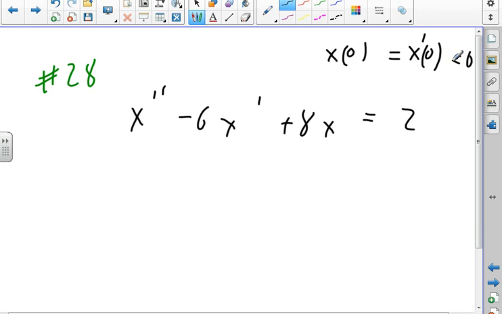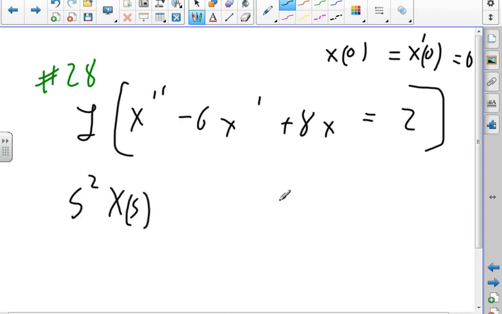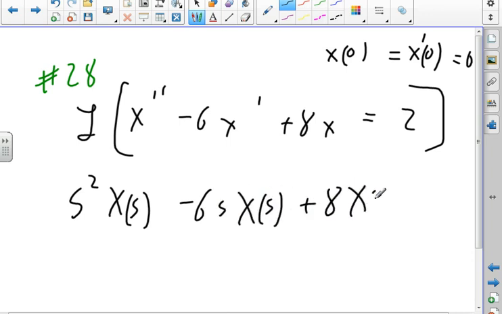Alright, so we're just solving those, hoping for the best. So we're going to take the Laplace transform of the whole thing. I'm going to have s squared X of s plus the stuff that's all 0 minus 6s X of s plus 8 X of s equals 2 over s.